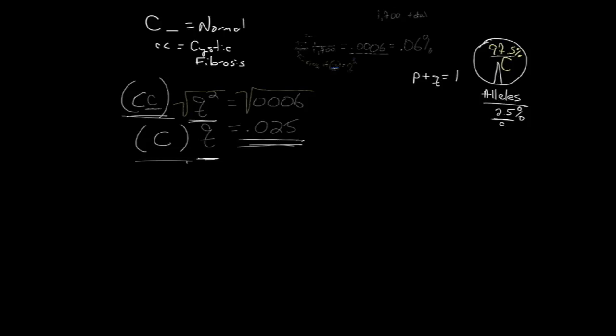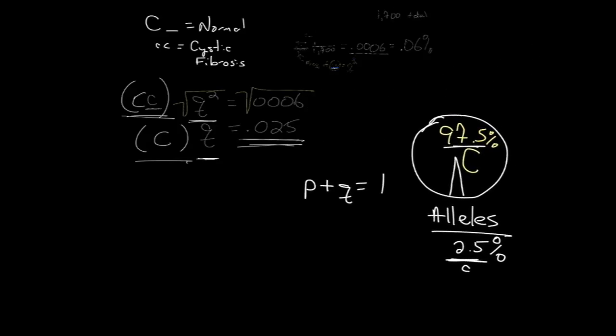Do you have to take the square root of that number, the 97.5? No, you don't, because you looked at this equation here, and there's no square. We squared the q before.